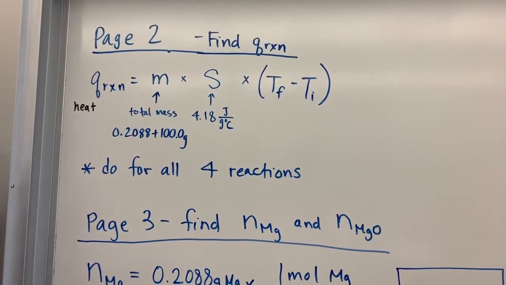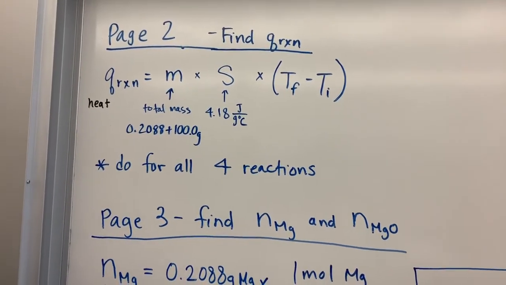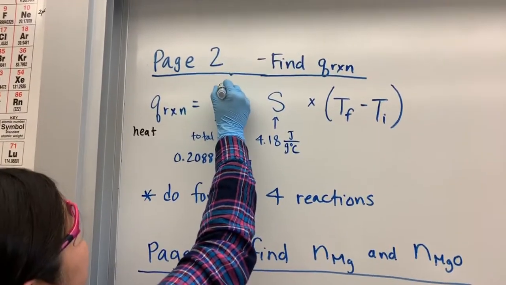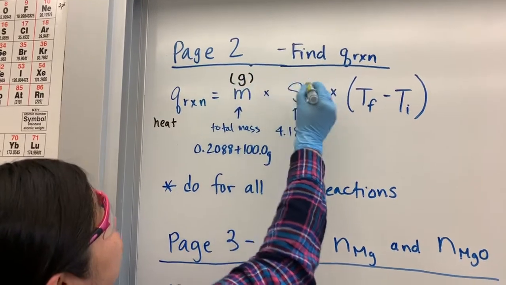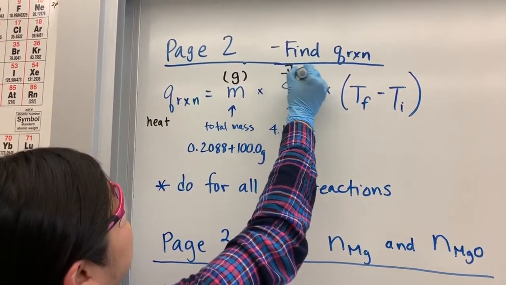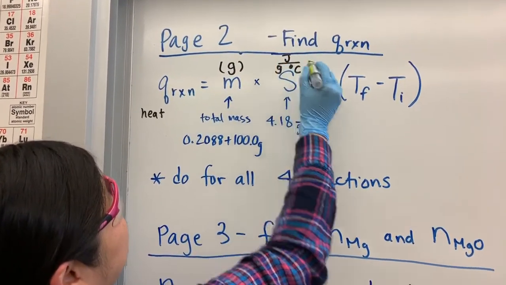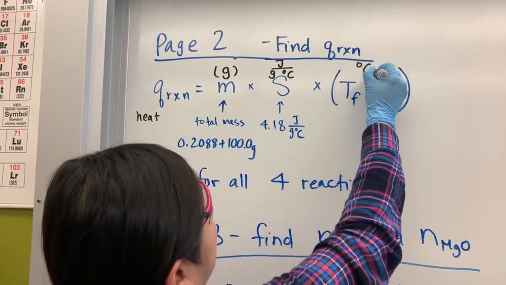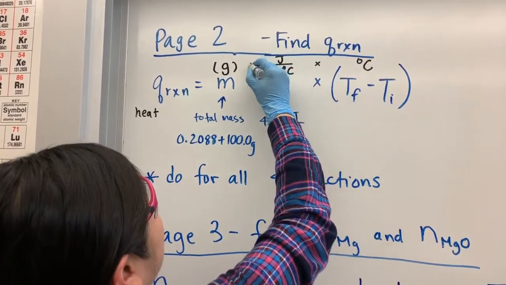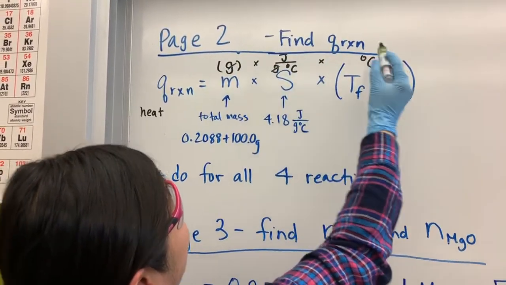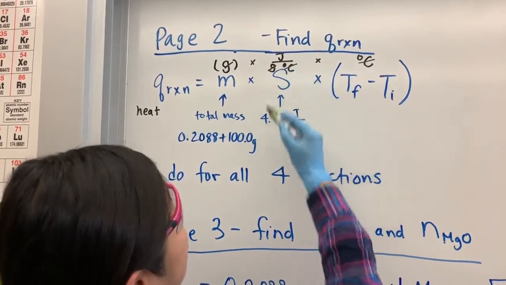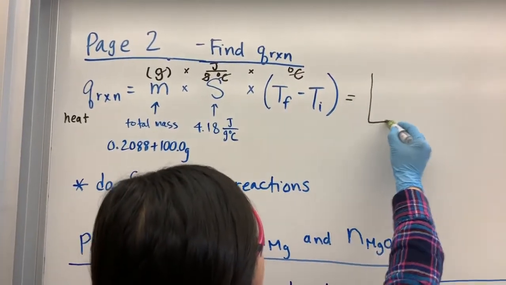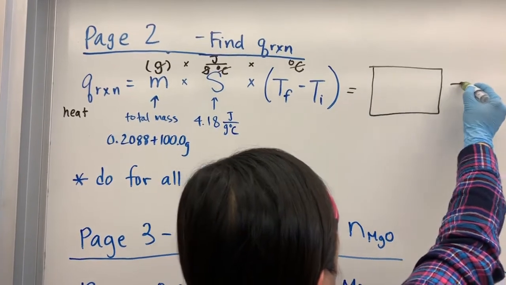And of course, you're going to solve. Now remember, this is in grams. This is in joules divided by grams degrees Celsius. This is in degrees Celsius. So if you multiply these units together, your grams cancel out, your degrees Celsius cancel out. Your answer here for each of the 4 reactions should be in joules.